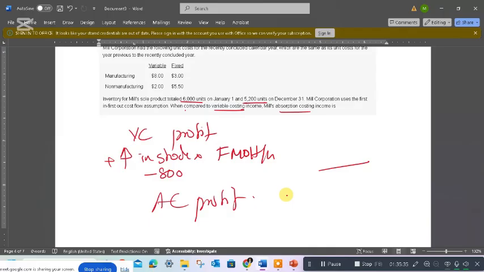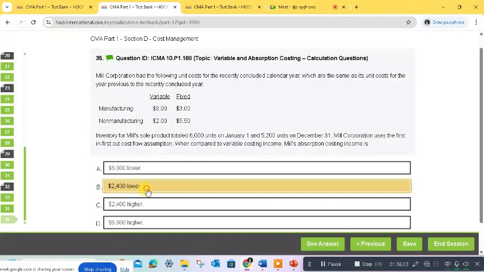Minus. Fixed manufacturing cost is $3. Minus 800 into 3 is minus 2,400. So if you had X here, it's going to be X minus 2,400. So when compared to variable costing income, absorption costing is 2,400 lower.